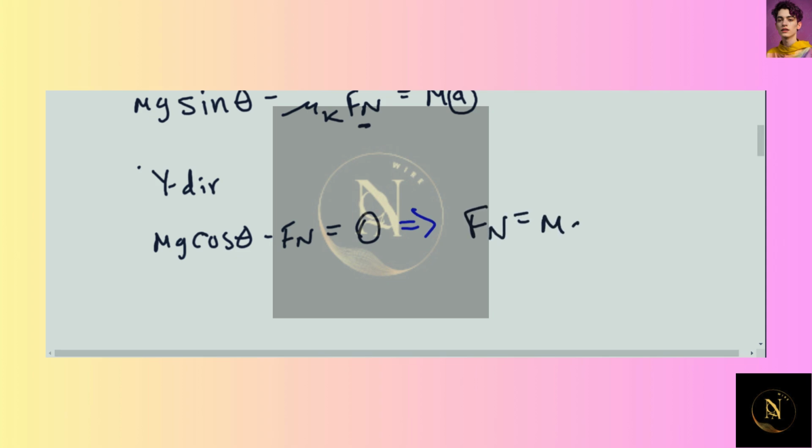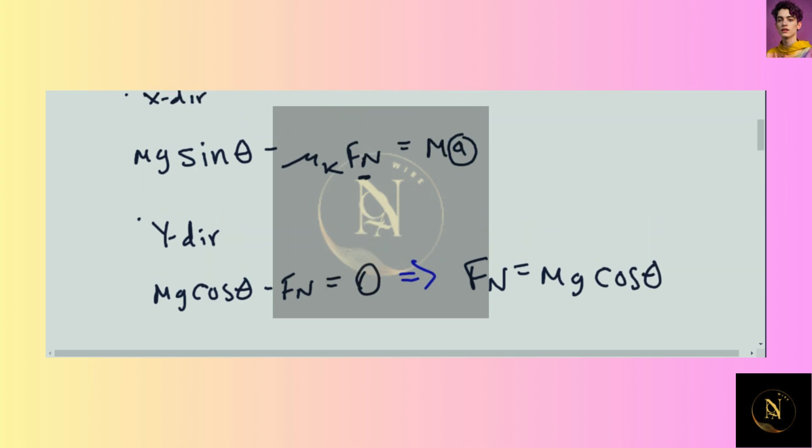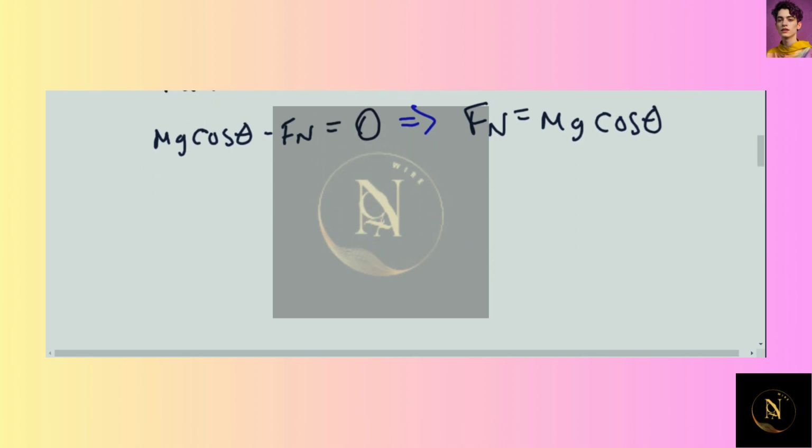In the y direction, we have wy pointing straight down, which is mg cosine theta, that's positive, minus normal force pointing straight up, so it's negative, minus Fn equals, and there's no movement in this axis, so we have 0. Now we can solve for Fn easily: Fn equals mg cosine theta. Now I can plug it back in to our equation.